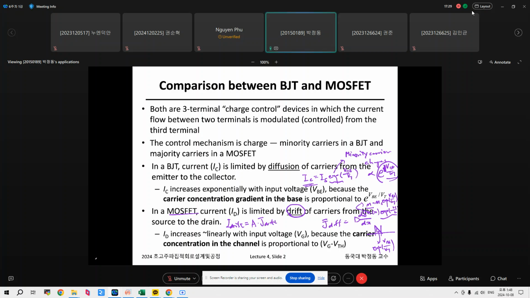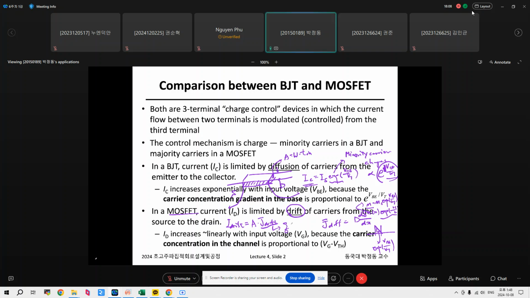This A, if you draw the channel in three-dimensional way, let's say this is channel, and this is a drain, and this is a source. So the area A is actually width multiplied by thickness of the channel. Okay, so here J drift is given by Q, right?